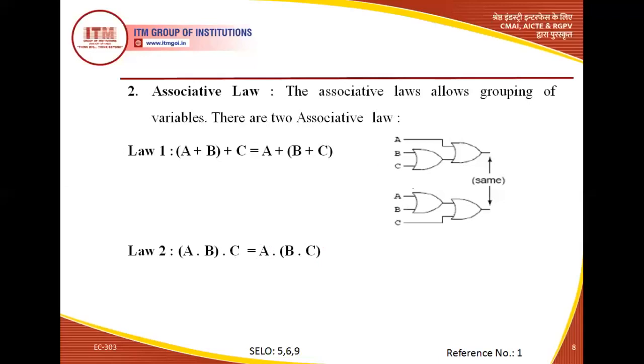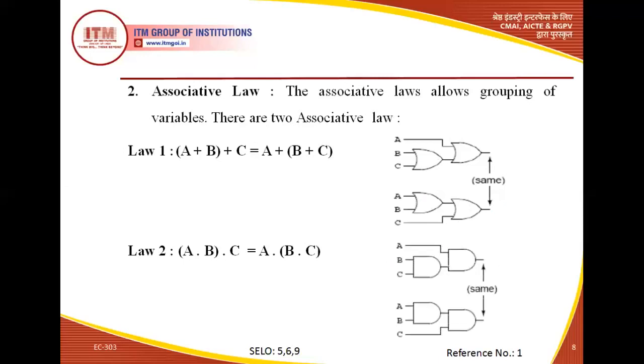In the logic diagram, we can also see that first we perform the operation B or C, then perform the operation with A, which will give the same result as first performing the OR operation A or B, then the OR operation with C. So both give the same result.